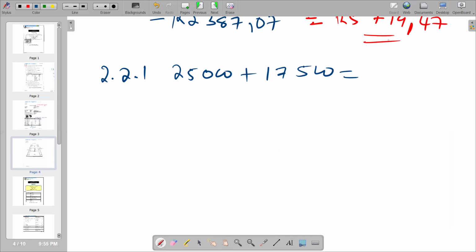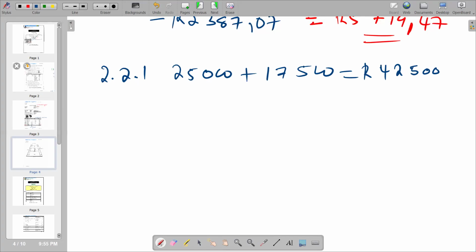And you see that the total that you are going to get is 42,500. So basically, that's what we need for 2.2.1.